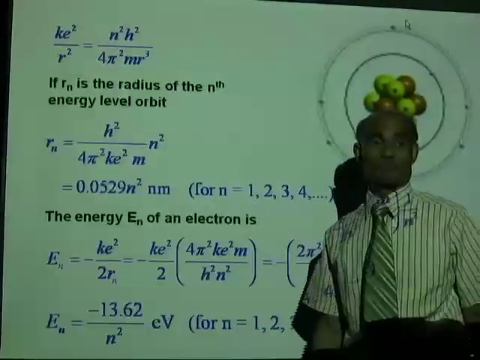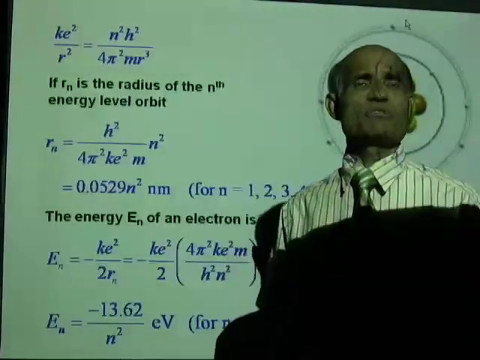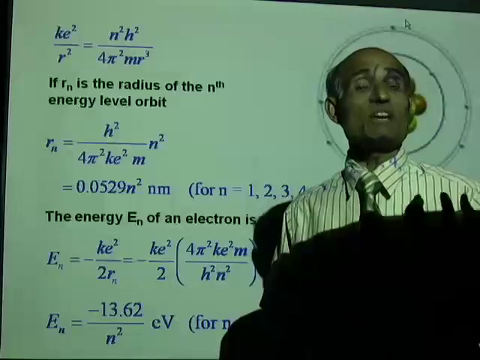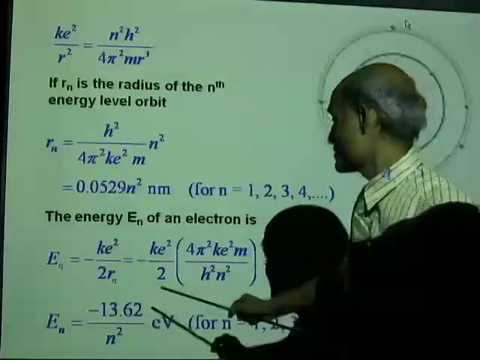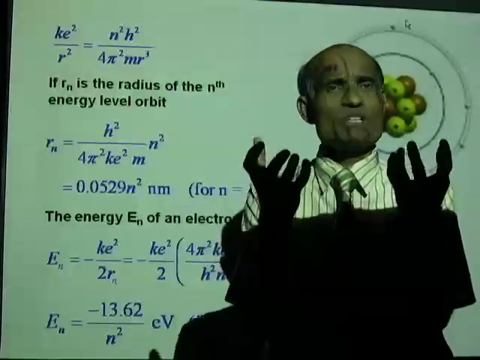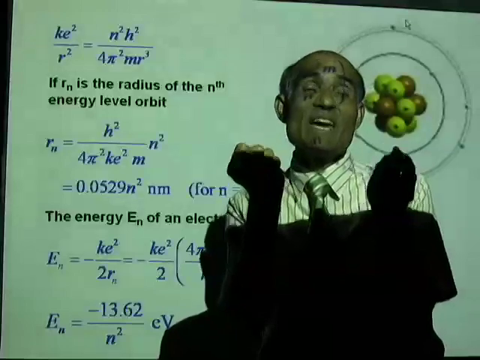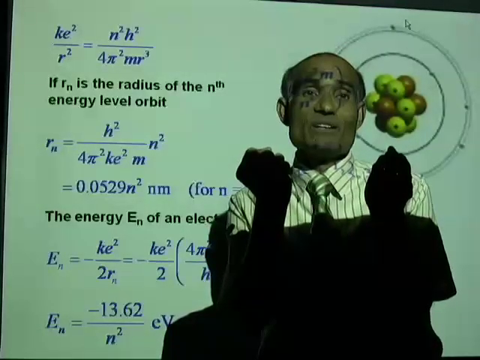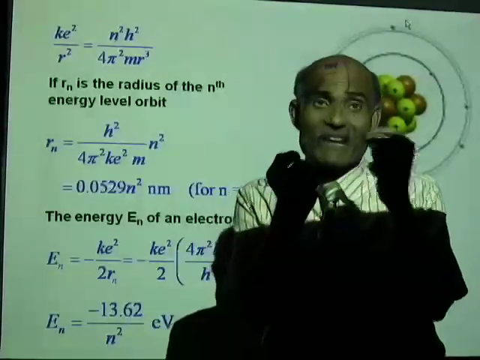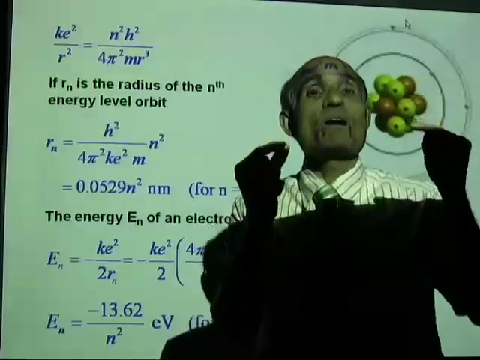The unit is the electron volt. Well, the joule is a very big unit for measuring the energy of an electron, so it is measured in a unit called the electron volt. What's an electron volt?